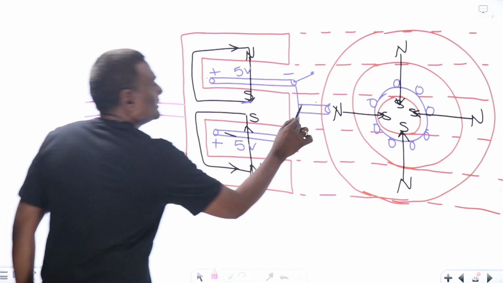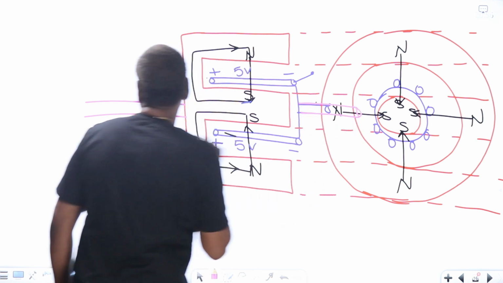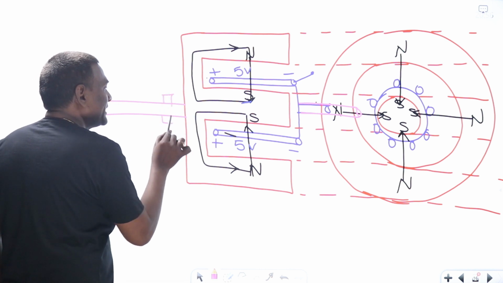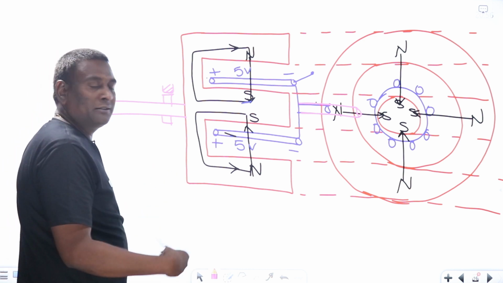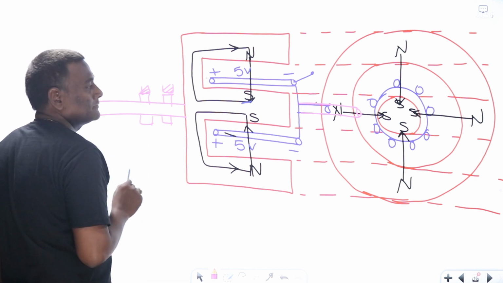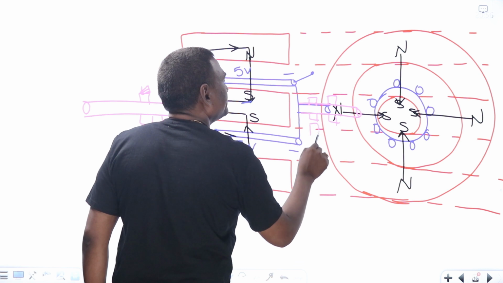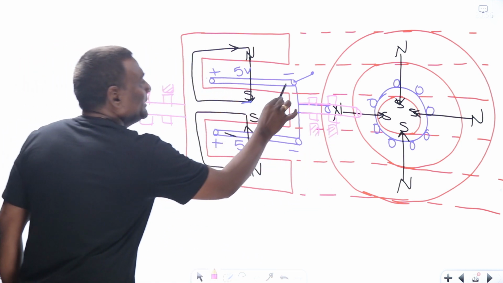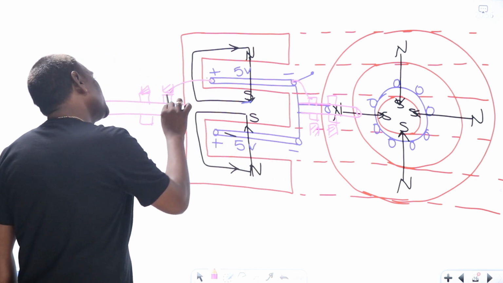This is shaft. Okay, now let me have a brush here. Kind of slip ring and brush. Let me have slip ring and brush. Now let me connect this to here. And let me connect this to here.